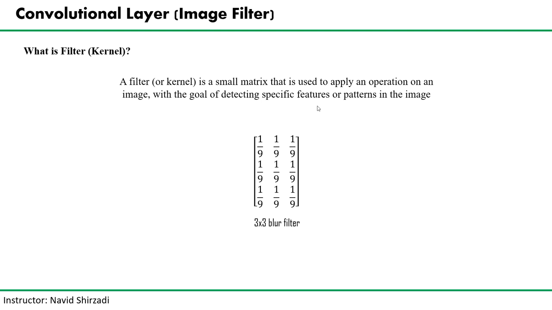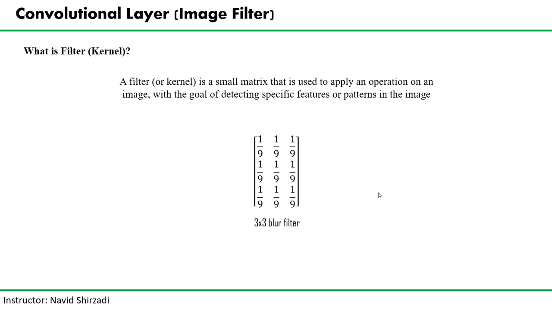So this is what a filter is. Again, let's review it: a filter is a matrix that we use in order to apply an operation on an image. But how can we actually apply a filter like this on an image?